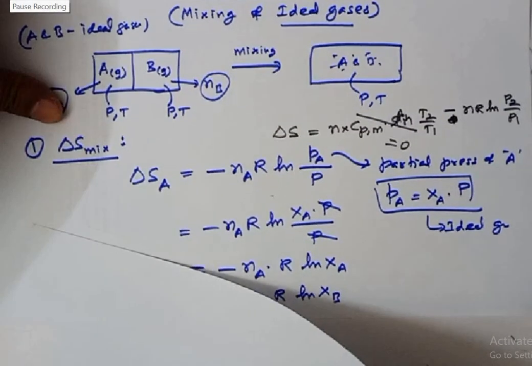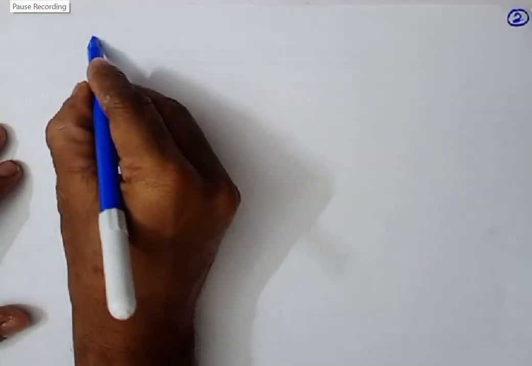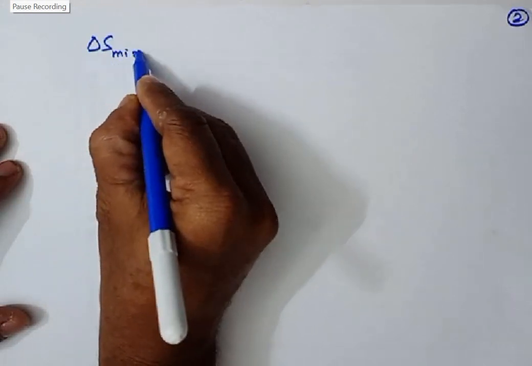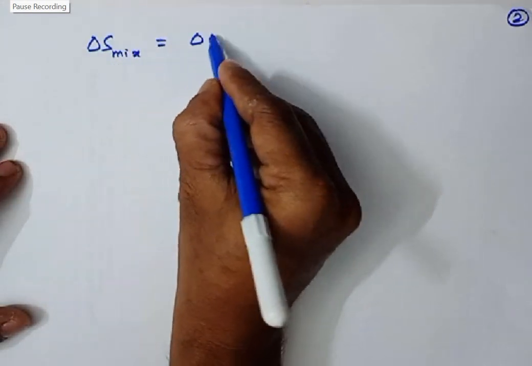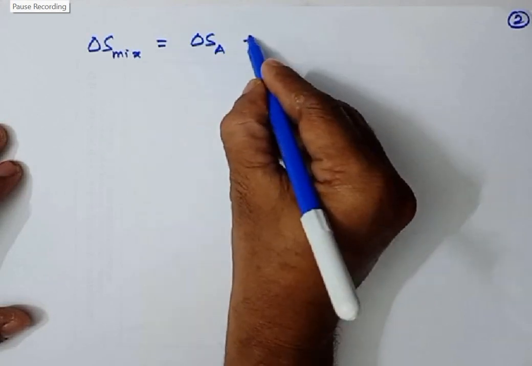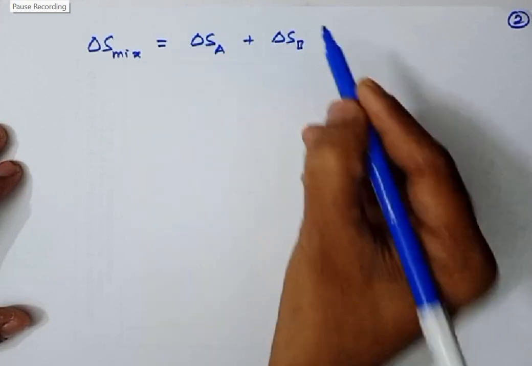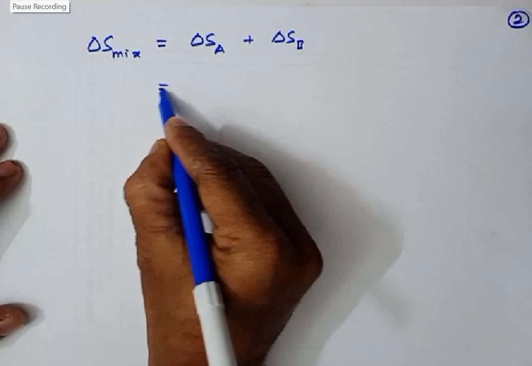So we need to find out delta S mixing. I'll write here. What is delta S mixing? Delta S mixing equals change in entropy of gas A plus change in entropy of gas B. What is change in entropy of gas A?